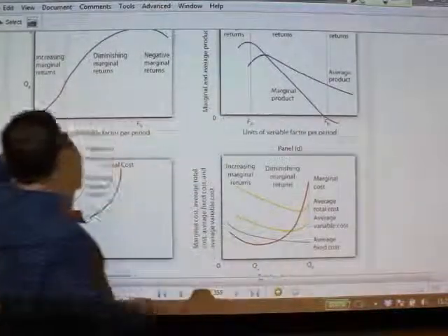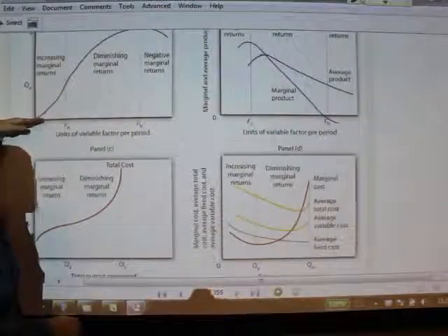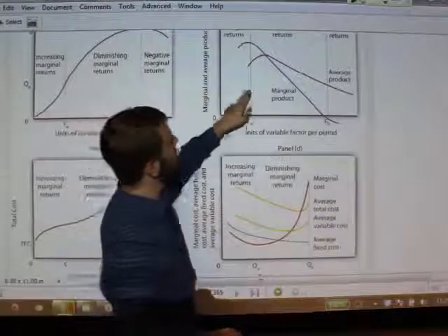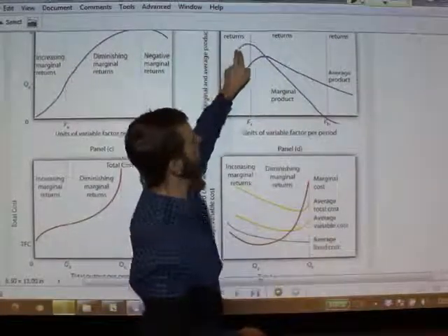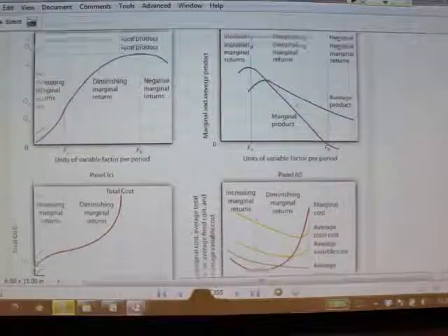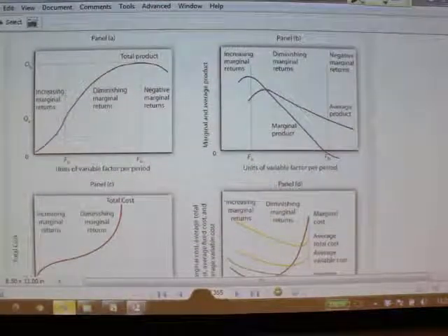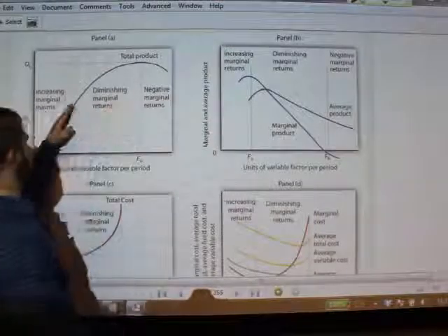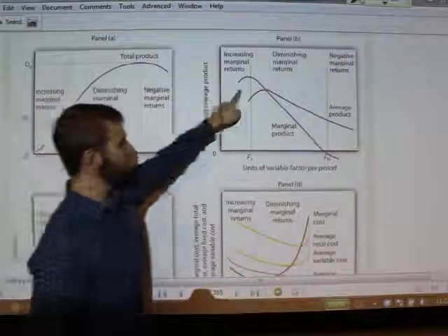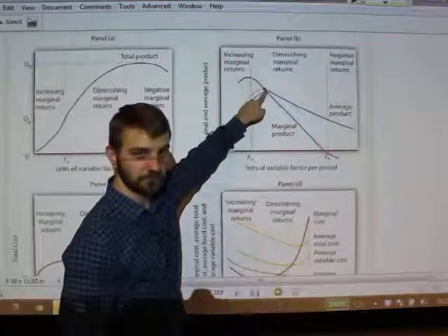So notice the following. When total product is increasing at an increasing rate, then marginal product is increasing. And so that is called increasing marginal returns. But eventually, total product begins to increase at a decreasing rate, and so we have diminishing marginal returns.